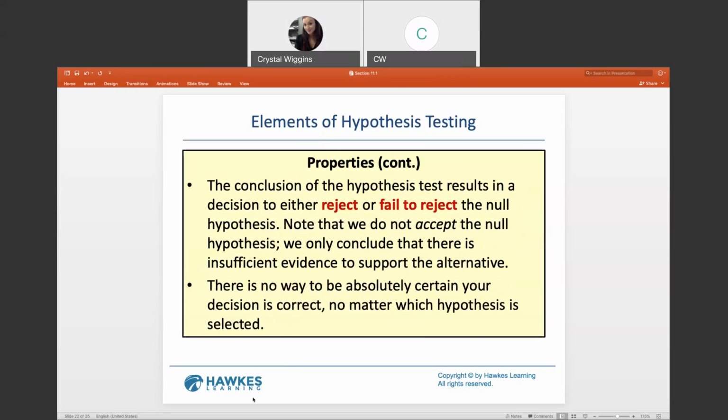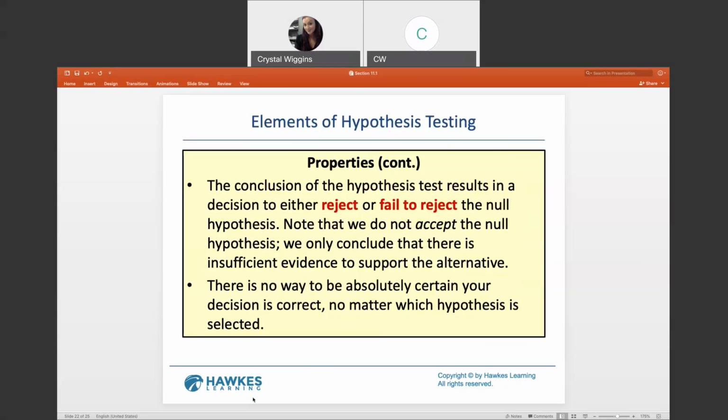You either reject or you fail to reject the null hypothesis, and then we'll follow that up with what that means for the claim as a secondary conclusion, which you will see when we run these hypothesis tests in future sections. So take note that we do not talk about accepting or not accepting the null. It's reject or fail to reject, the two options for the test conclusions.